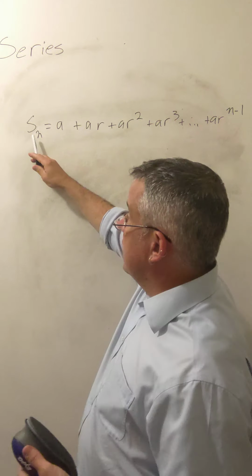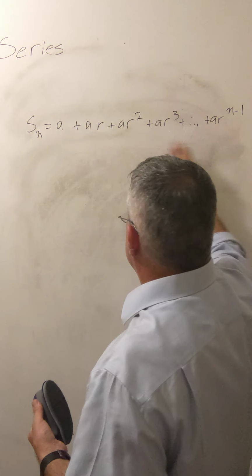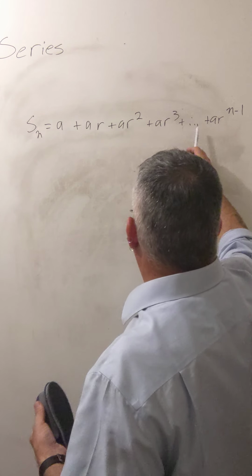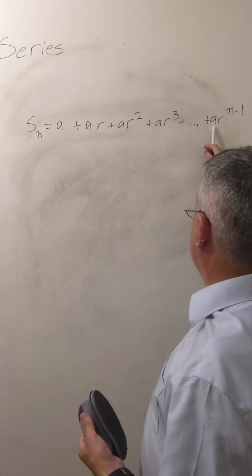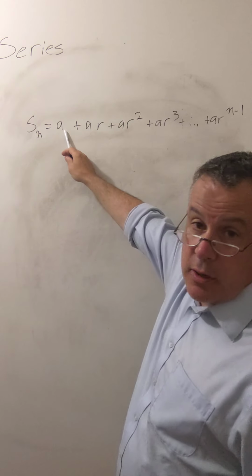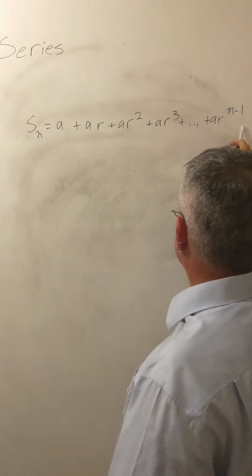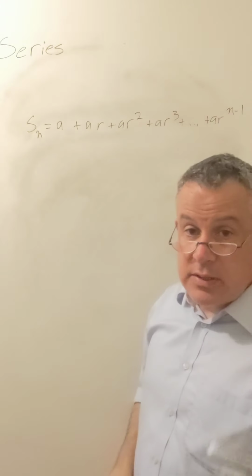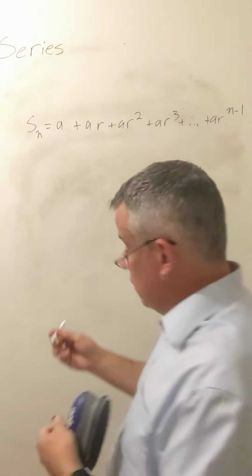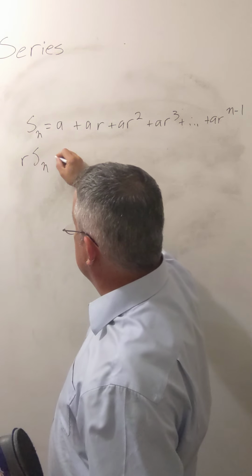Okay, so here is an n-term finite series: a, ar, ar squared, ar cubed, and so on up to ar to the n minus 1th power. That's because we started counting with the first one, so we have 1 extra, so n minus 1. And the secret to figuring out the limit is to compare it to a very close partner series, which is r times the same series.